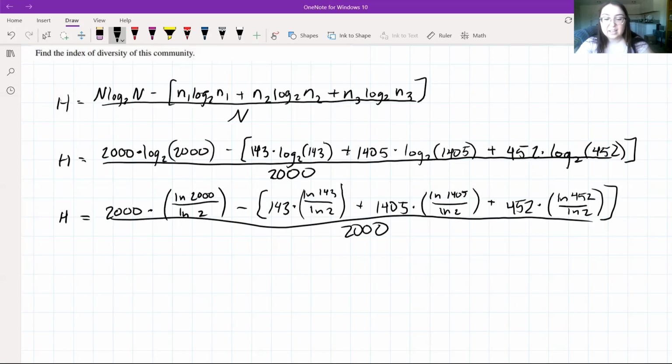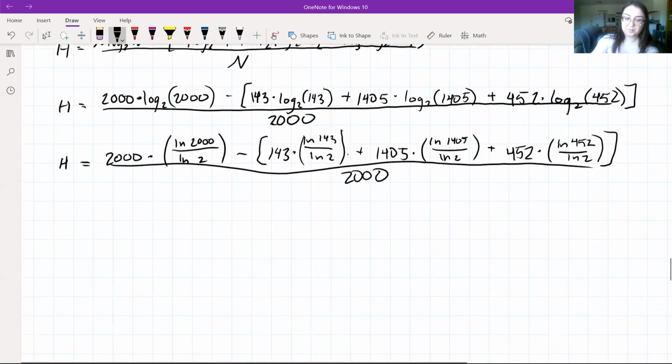So we'll calculate the natural log of 2,000 divided by the natural log of 2, and the natural log of 143 divided by the natural log of 2, and then the natural log of 1,405 divided by the natural log of 2, and then the natural log of 452 divided by the natural log of 2. So let's calculate all of those values, and then we'll come back to this.